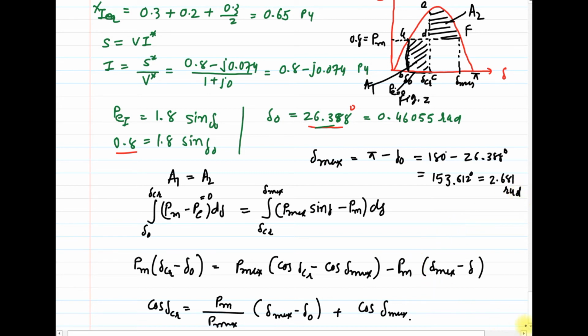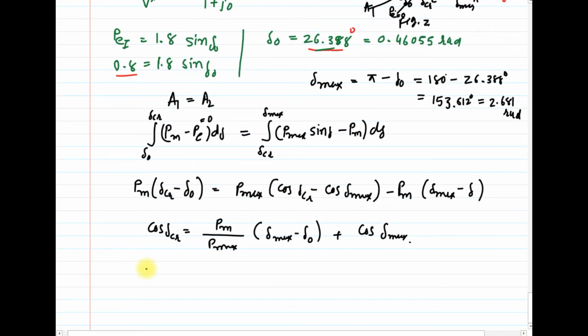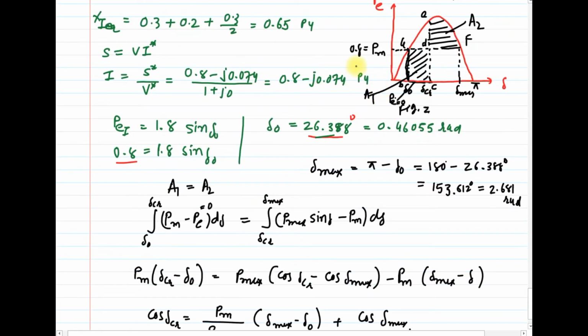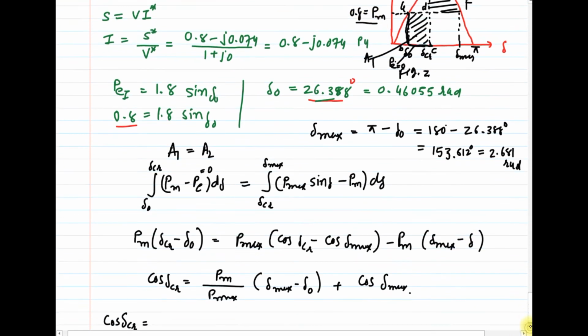So let us calculate delta CR. Just substitute the values of PM, Pmax, delta max and delta 0. Clear? So we will get cos delta CR, which is equal to PM. PM is the electrical power at normal operating condition, which is 0.8.